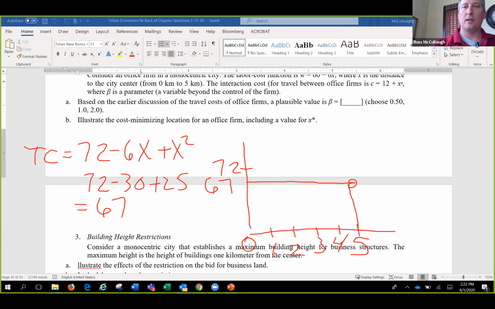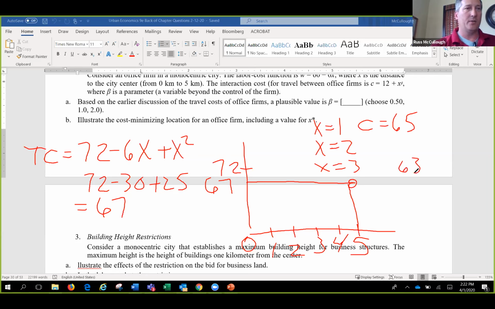So x equals 1, cost equals 65. X equals 2. And somebody got 3 already, I see. X equals 3. I probably could have done a nice little table here. So x equals 3, we've got 63.